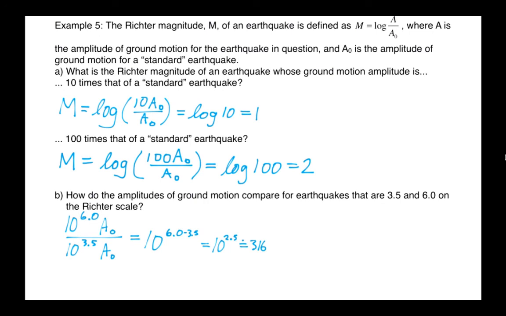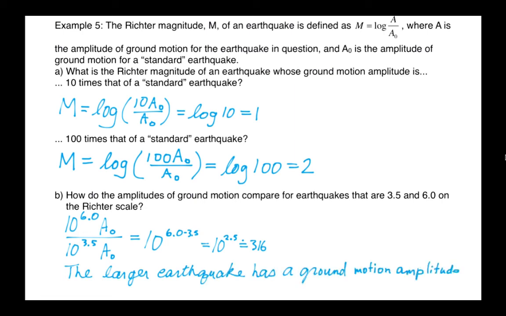So what we're saying is the difference between these two earthquakes, one is 3.5, the other one is 6.0 on the Richter scale, is that the larger earthquake, the one that's more powerful, has ground motion amplitude that is about 316 times the size of the ground motion on the smaller one.